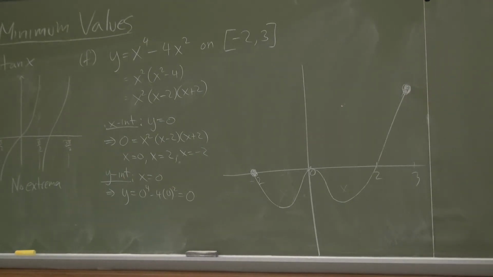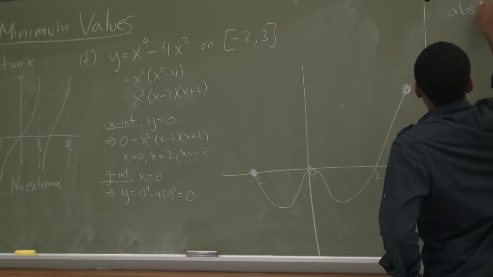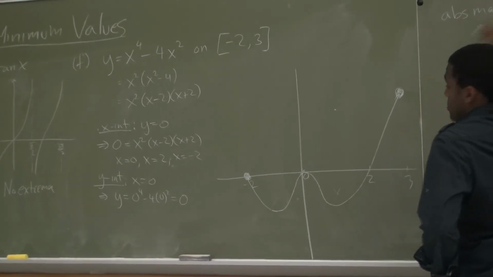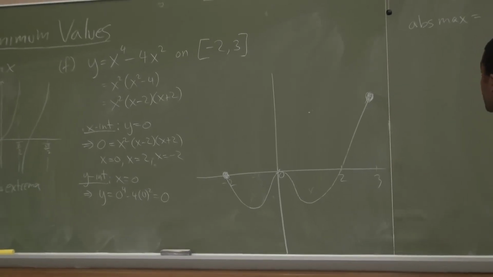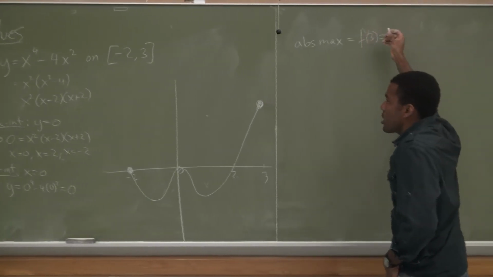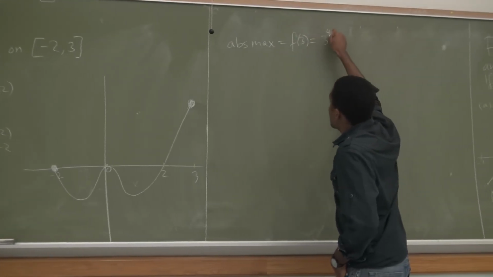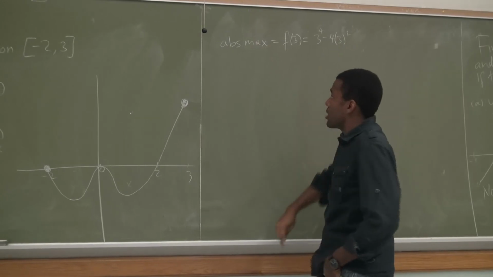Where are my absolute max and absolute mins? F of 3 is the absolute max, which if you wanted you can compute it, right? Just 3 to the 4th minus 4 times 3 squared.